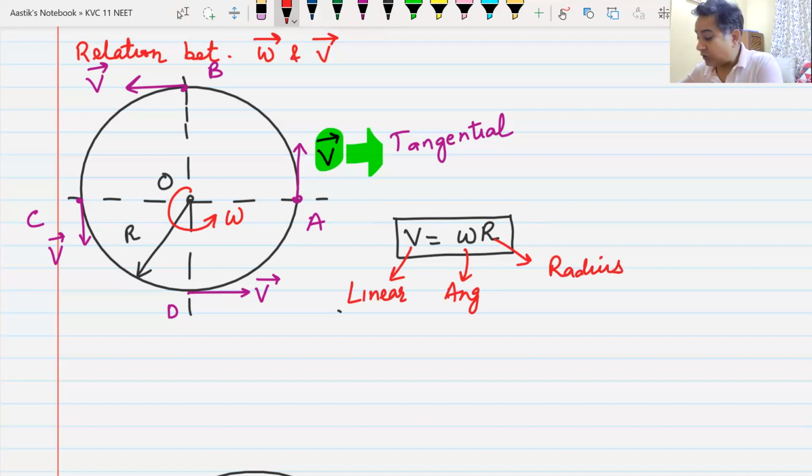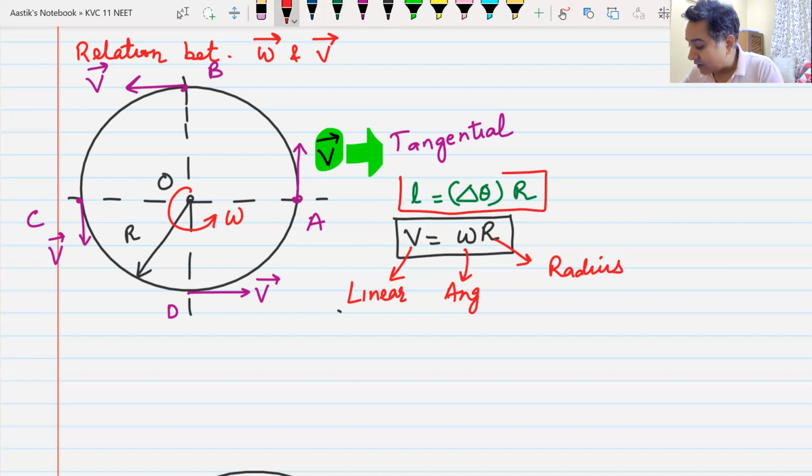In fact, if you look very closely, if I write the first equation here that we have written, L was delta theta multiplied by R. L was the distance, linear quantity. Delta theta was the angle, angular quantity, multiplied by R. So you look at this equation or you look at the second equation.